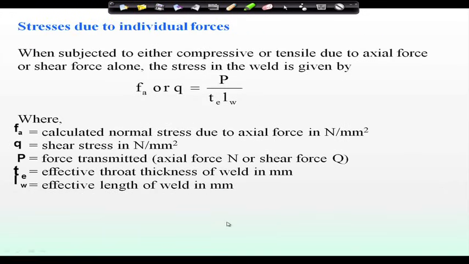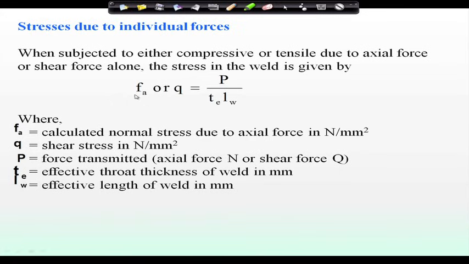Now, stress due to individual force. When subjected to different types of compressive or tensile force, then the stress we can calculate by the force divided by the effective area. Effective area means T_e into L_w.